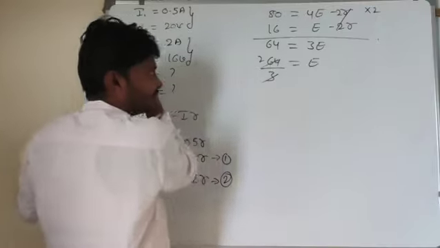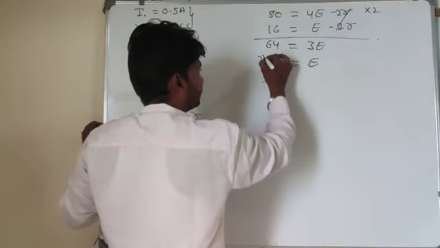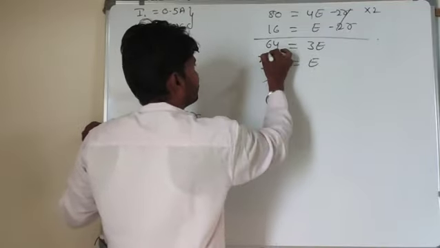3 ones are 3, 3 twos are 6, 3 sevens are 21.